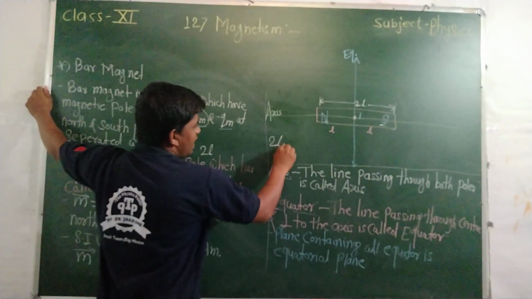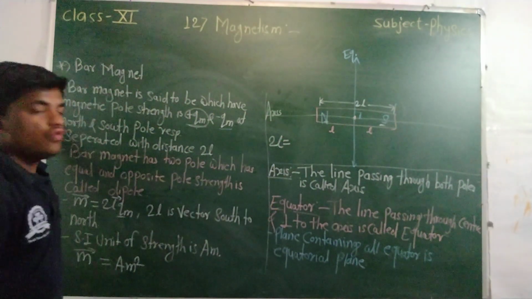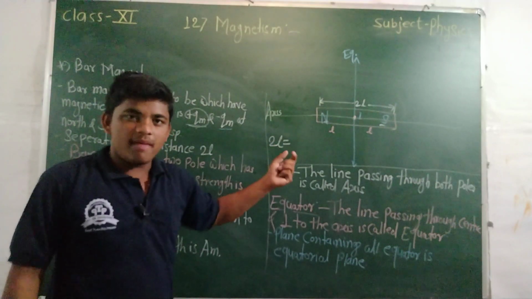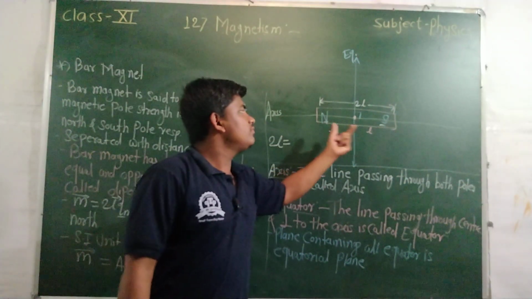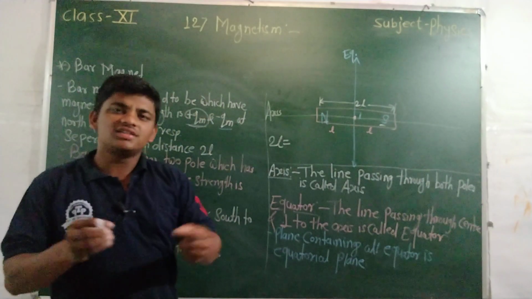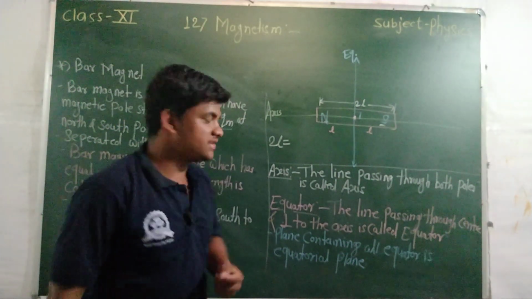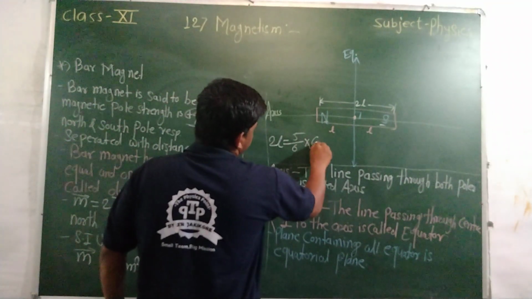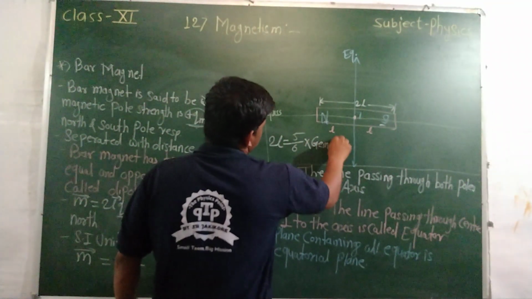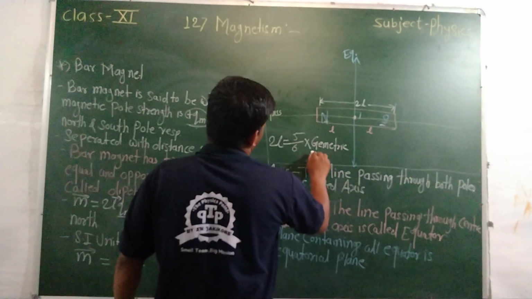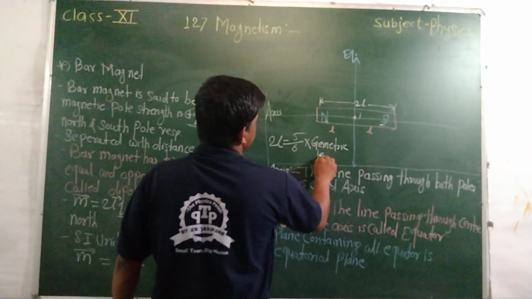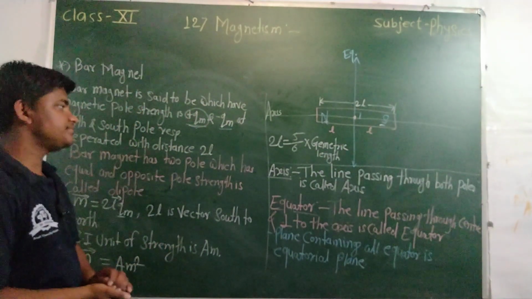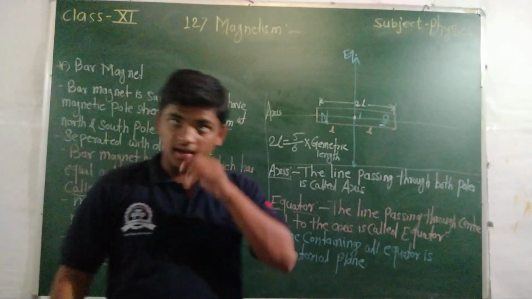The magnetic length is the distance between the two different poles of the bar magnet, which is 5/6 of the geometric length. This is the formula for finding the magnetic length.